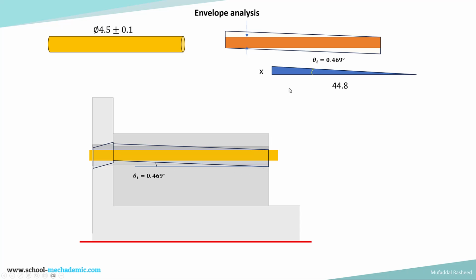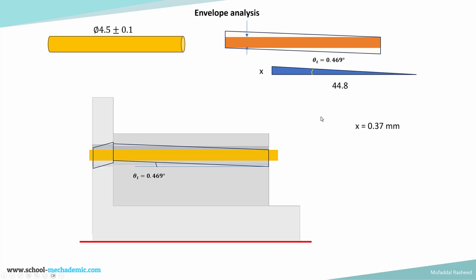So we are considering the distance to be 44.8, that is the worst case, and we are calculating x, which is the opposite side. Here the opposite side is not known, we are calculating it based on the angle theta t. Earlier the opposite side was known, we were calculating the angle theta. Here we have known angle theta and known adjacent, we are calculating the opposite side x. So using the same formula, finding the opposite side x, we will get 0.37 mm.